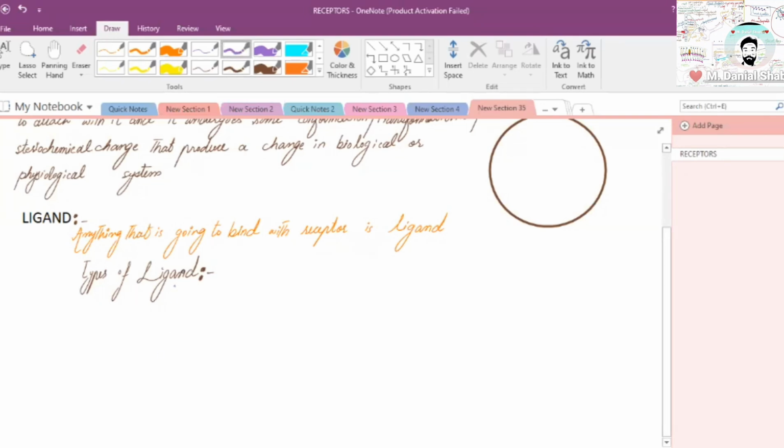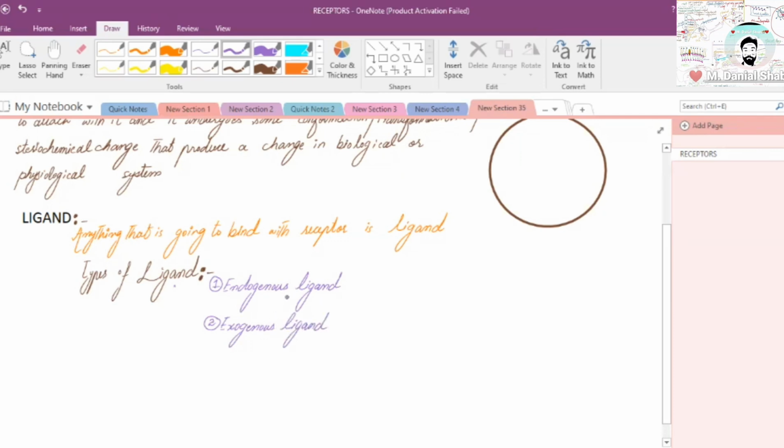The first one is endogenous ligand. The second one is exogenous ligand. You people have to write with me.